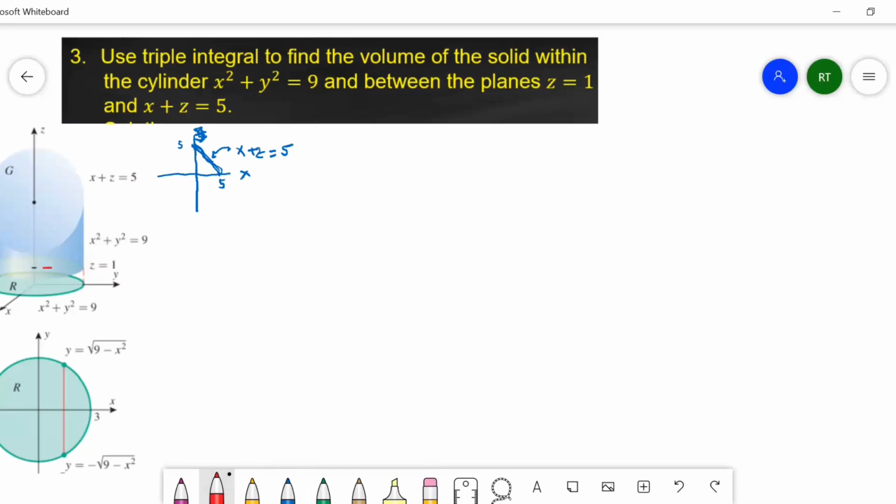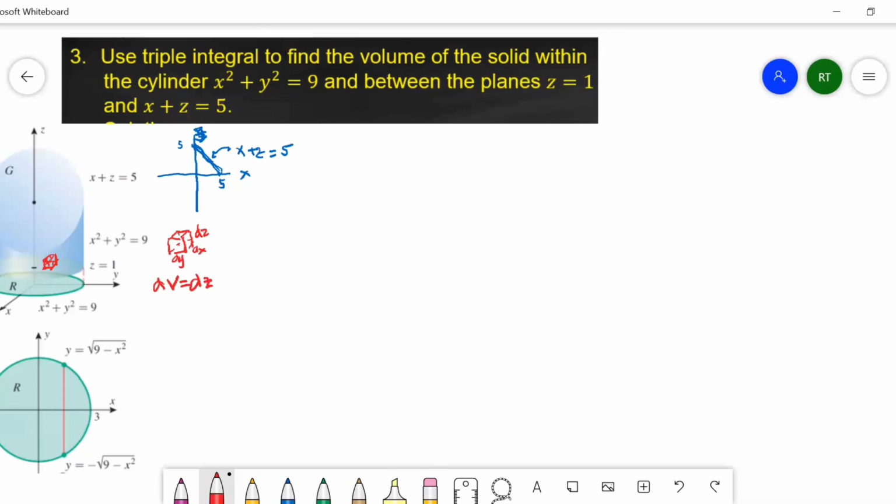So on the lower base, just draw a rectangular box. This is dx, dy, dz. The volume of this rectangular box is the differential of V.